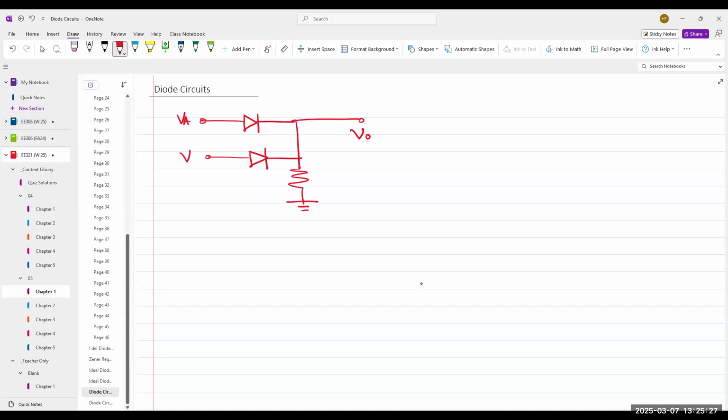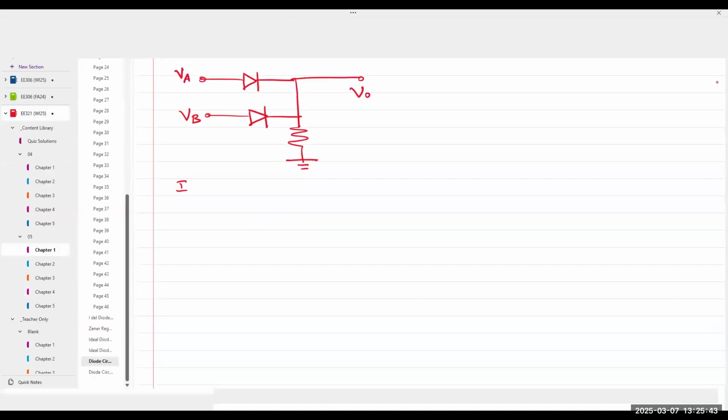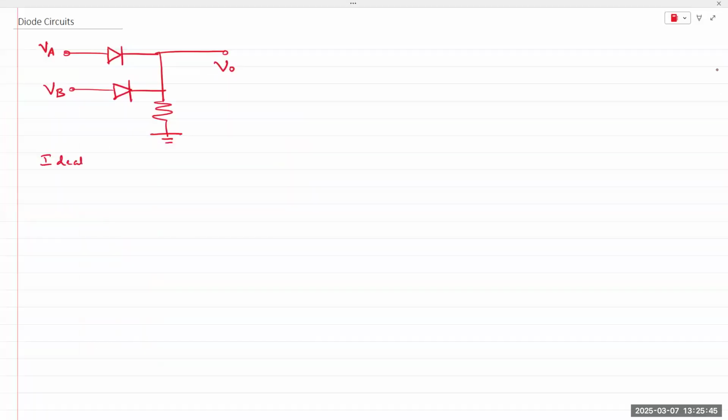We have two inputs being applied to that circuit. Conditions are ideal diode analysis. Okay, we're using ideal diodes.